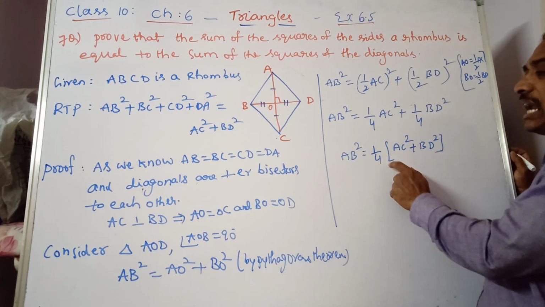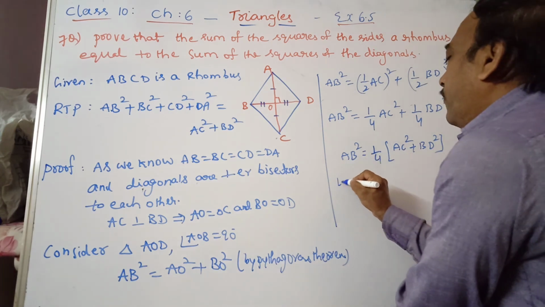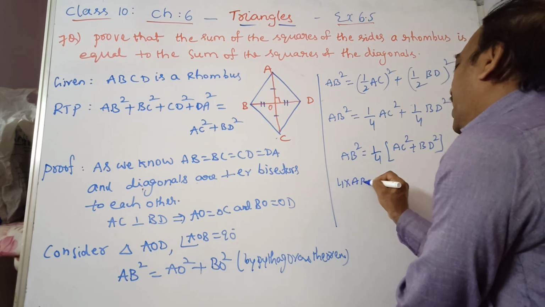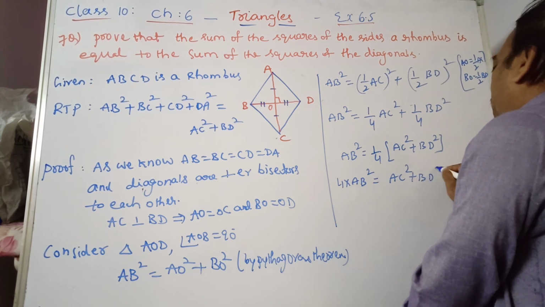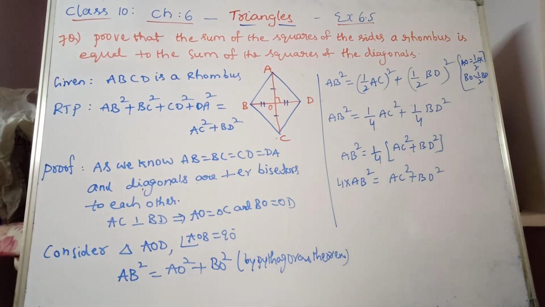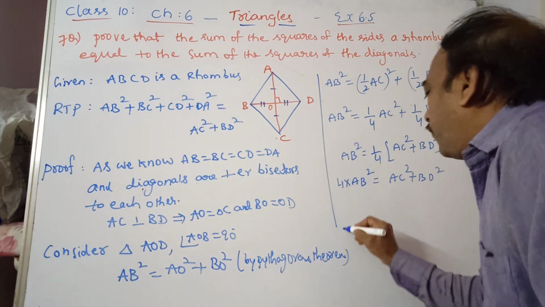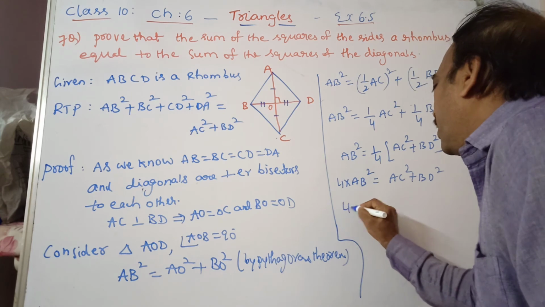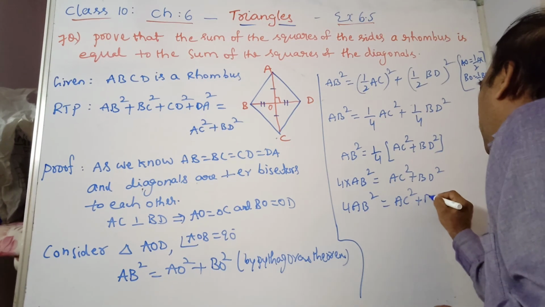Now what I am doing, transposing this 4 to this side, then 4 into AB square is equal to AC square plus BD square. So 4AB square is equal to AC square plus BD square.